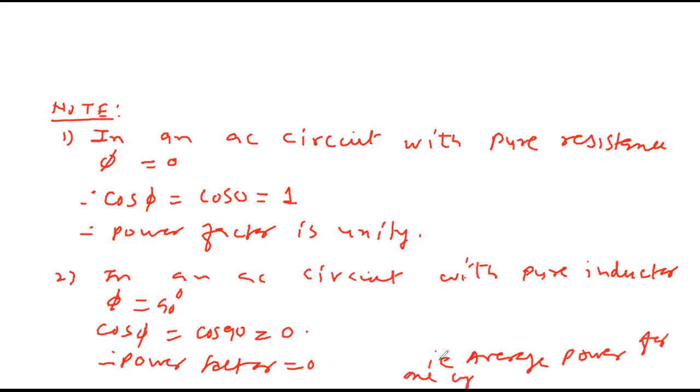Okay, first write only this much, not more. In an AC circuit with pure resistance, phase angle phi is 0, cos phi equals cos 0 equals 1, power factor is unity. In an AC circuit with pure inductor, phi is 90, cos phi is cos 90 equal to 0, therefore power factor is 0.